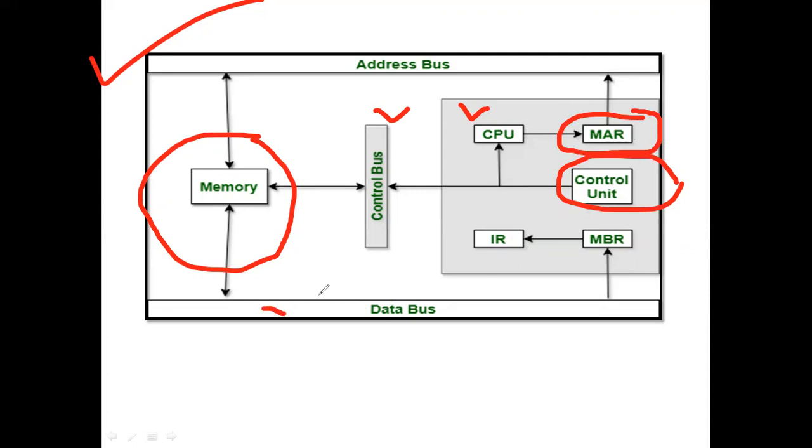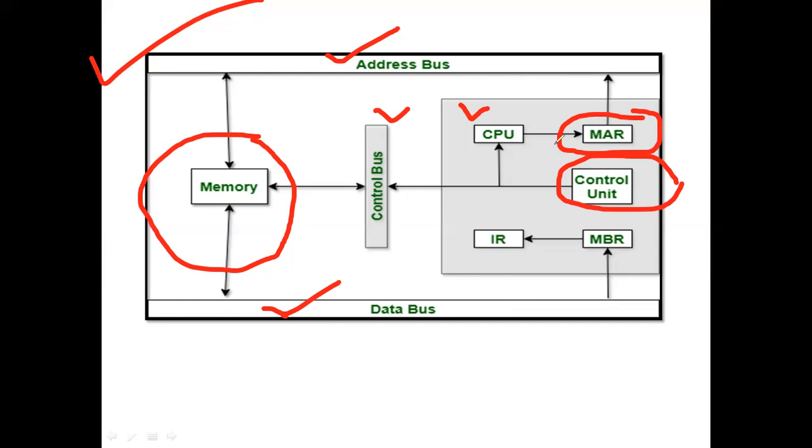Now see, this is the data bus. Remember, this one is the address bus, this one is the data bus, and this one is the control bus. The control bus is directly linked to the control unit, CPU. The data bus is related to MBR, then the address bus is related to MAR.